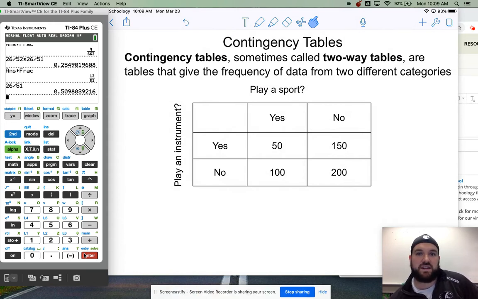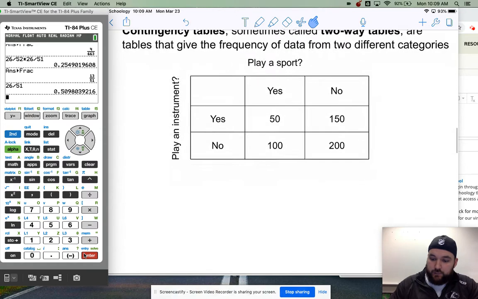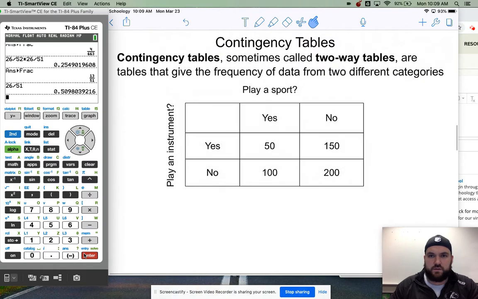This is called a contingency table or a two-way table. It gives survey results in a compressed, condensed form. So for instance, if we asked 500 people, do you play a sport and do you play an instrument, we could lay out the data like this.